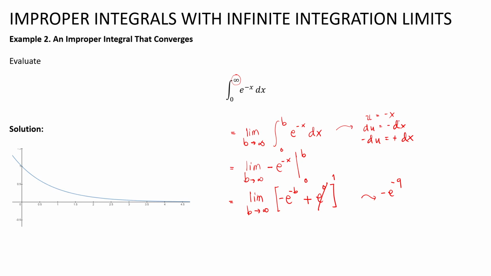So negative e raised to negative 9. This gives you a very small number, which is negative 1.23 times 10 to the power of negative 4. What if I plug in e to the power of negative 99?